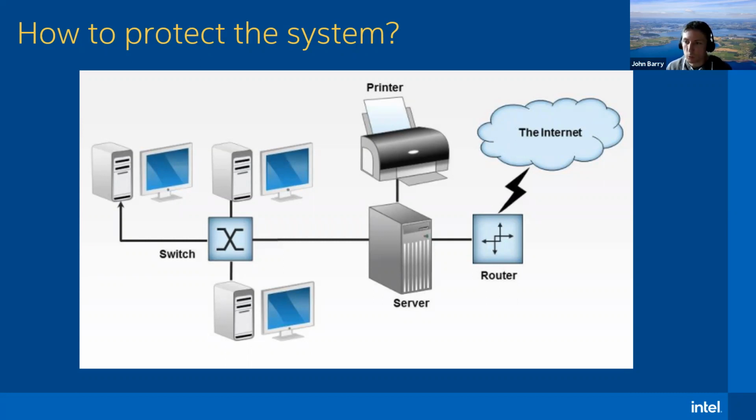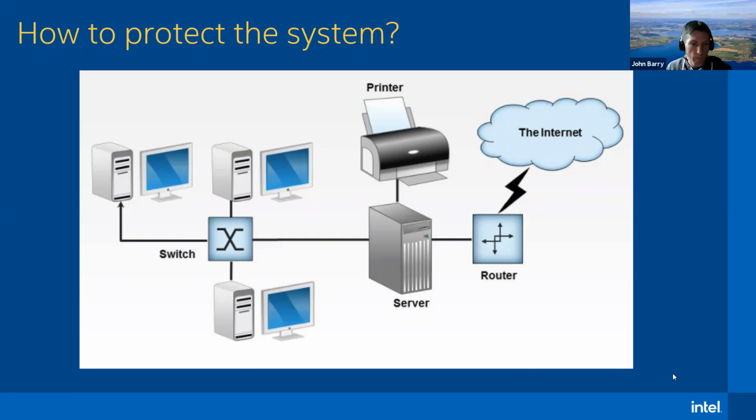Shane's putting up his hand there. Do you want to go ahead, Shane? Feel free to unmute. Yeah, and as the guys were saying in the chat, probably a firewall on the initial router at the start would definitely be helpful. Obviously we want to harden the server as well, just beyond the router.